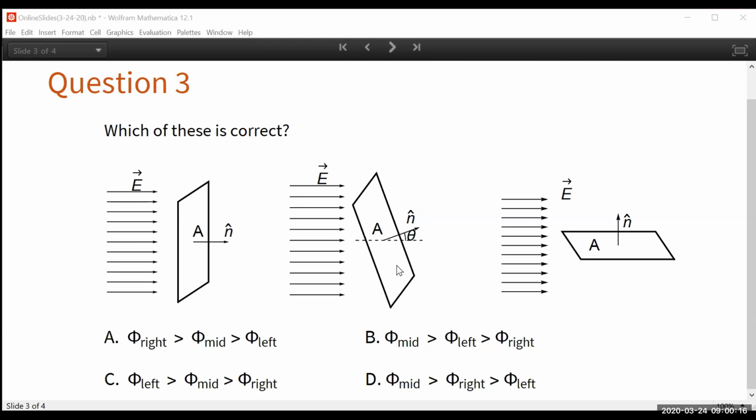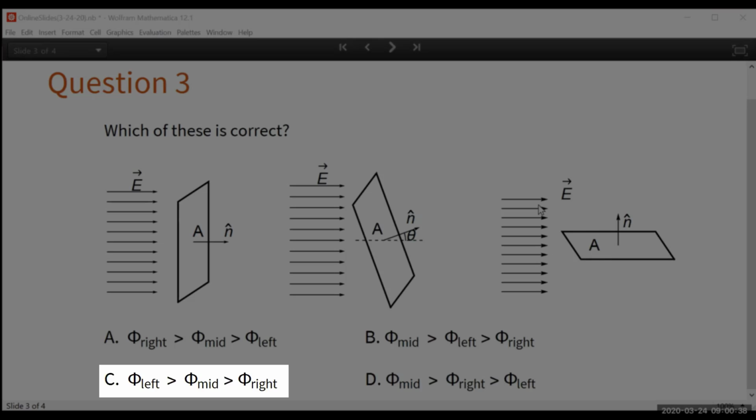And over here in the middle, some of these electric field lines are going to cross, some are not going to cross, which means that flux for the left-hand side is going to be the largest. Flux for the middle one is going to be somewhere in the middle. Flux for the right-hand side one is basically going to be 0. So phi right is the least. Phi mid is then the larger one, and phi left is the largest one. So C is the correct answer.